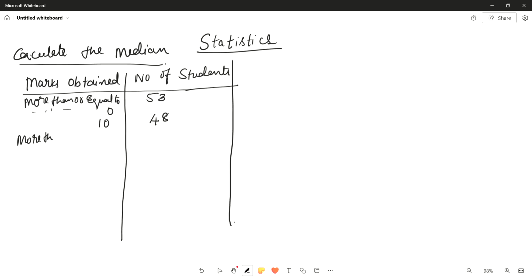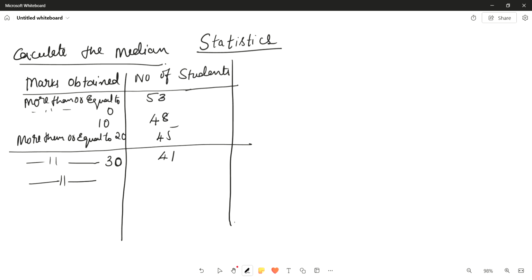More than or equal to 20, it is given 45. Same way, more than or equal to 30. Okay, so it is given 41.